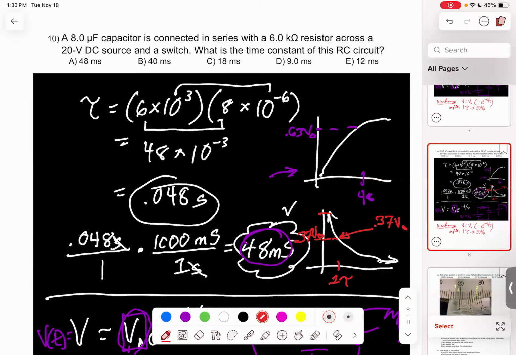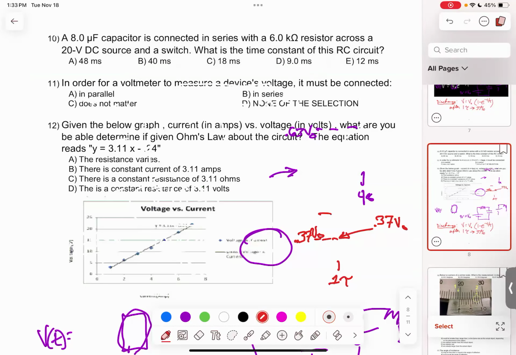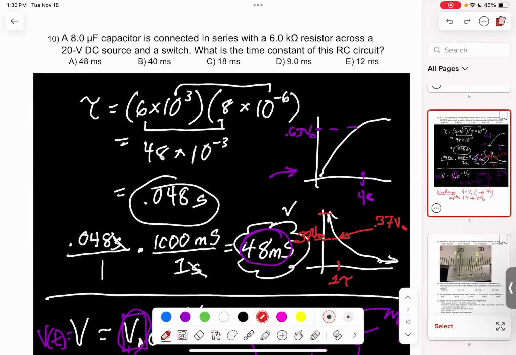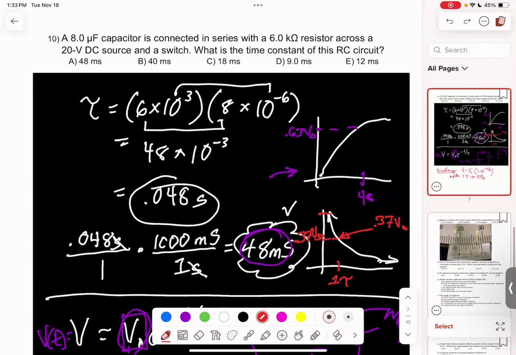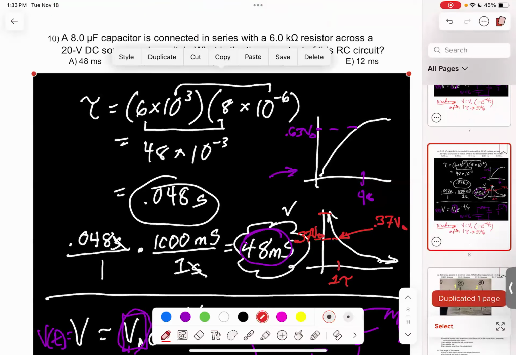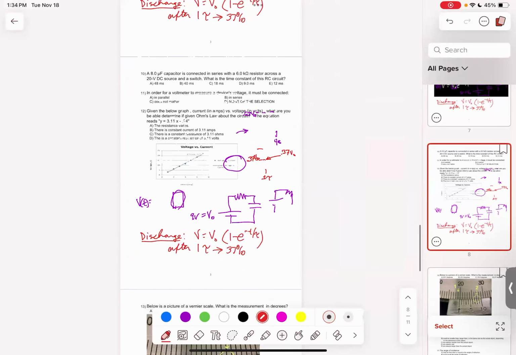Just duplicate this page again and then delete all this stuff here. Again, duplicate this page. Delete. I'm going to erase all this in here.